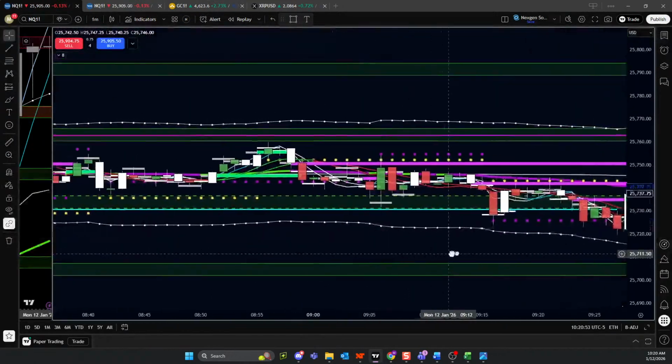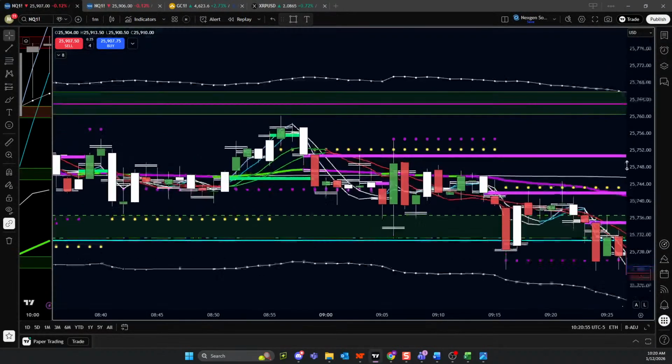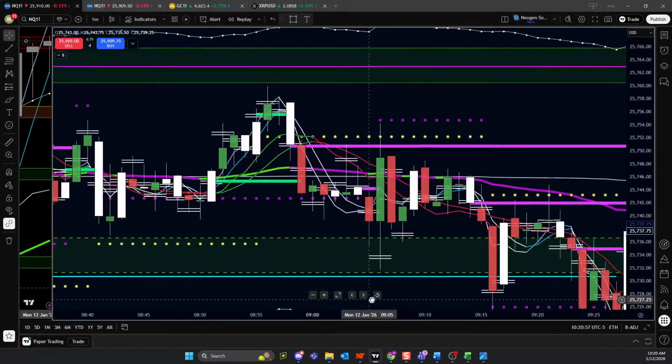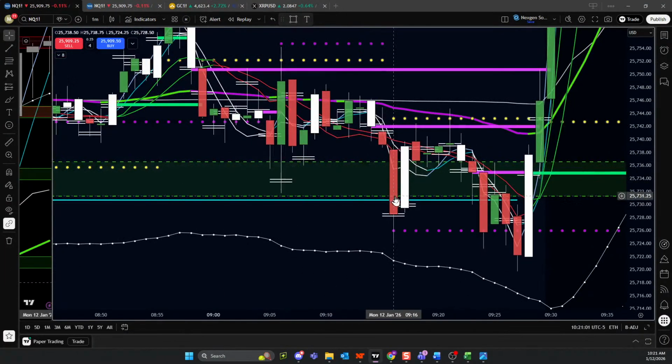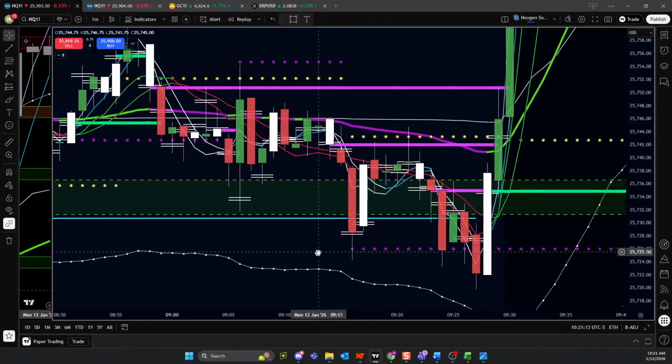You'll see it a lot. Area of support. Market pulls back to it. It's still support, right? And look at that. It blows all the way back up. So tail has nothing to do with it, Trina. It's a full body close.